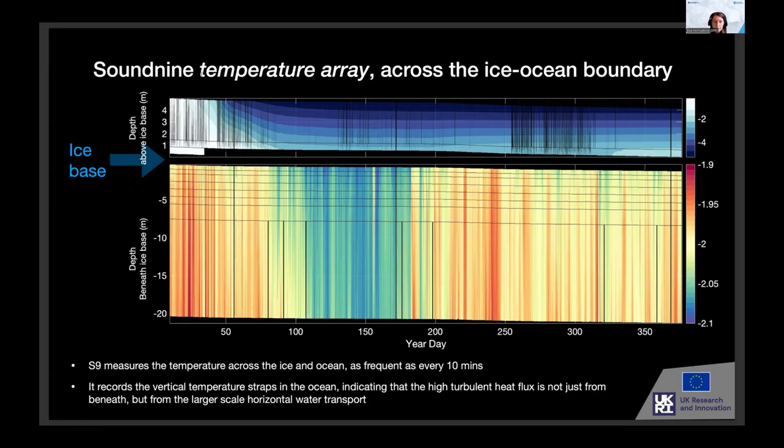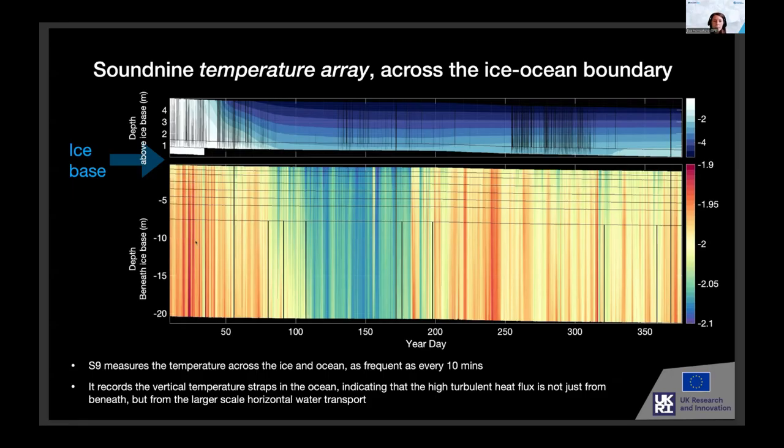And this thermistor array was measuring the ice and the ocean at a very high frequency, as frequent as 1 measurement per 10 minutes.